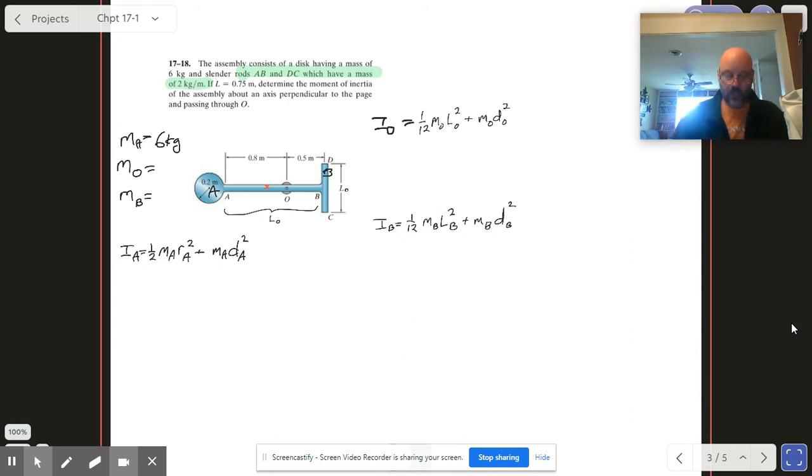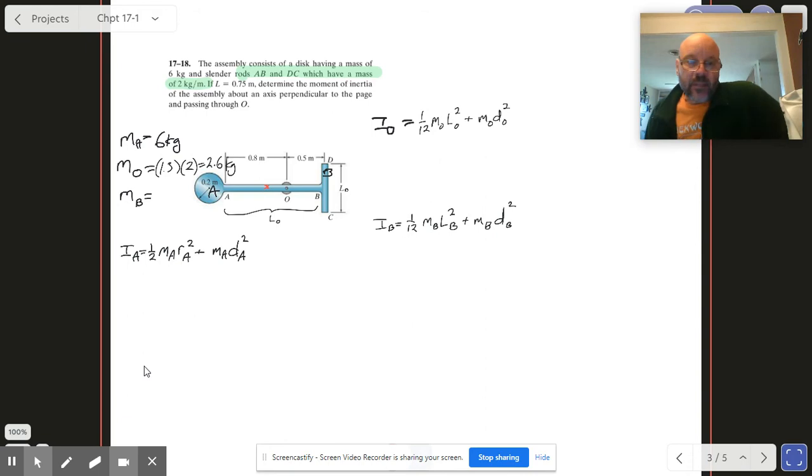Okay, so for M sub O, the length of the rod is 0.8 plus 0.5, which is 1.3.